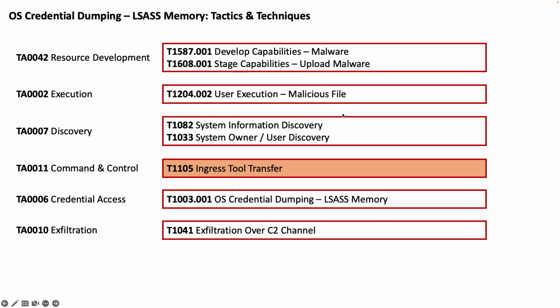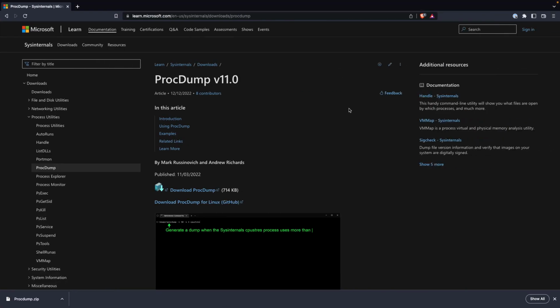But first, we need to download the Procdump executable file from the Microsoft website. So in your host machine, open your preferred web browser and go to learn.microsoft.com/en-us/sysinternals/downloads/procdump, and click on the download Procdump option here.